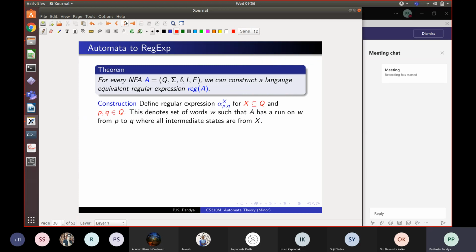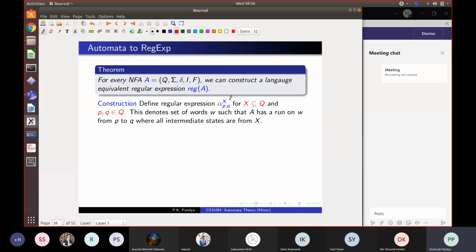Now please concentrate. Given this NFA A, we are going to construct its regular expression. We define a regular expression called alpha, which takes three parameters: a state P, a state Q, and a set of states X, where X is an arbitrary subset of Q. For every such X, every such P, and every such Q, we will define such a regular expression.